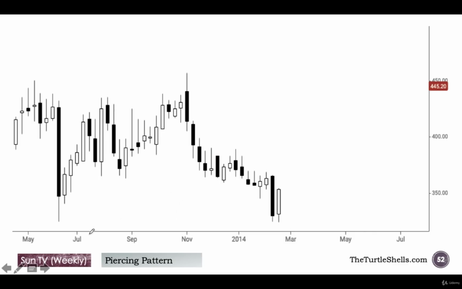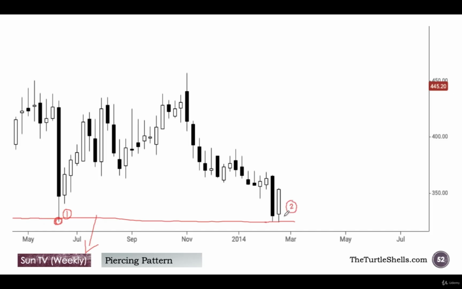I have taken a long time frame here. This is Sun TV weekly. Very powerful piercing pattern. The reason why I say it is powerful is because you have the piercing pattern which is confirming a prior support area. So this is signal number 1. Okay, the prior established support area. Signal number 2, which is the piercing pattern.